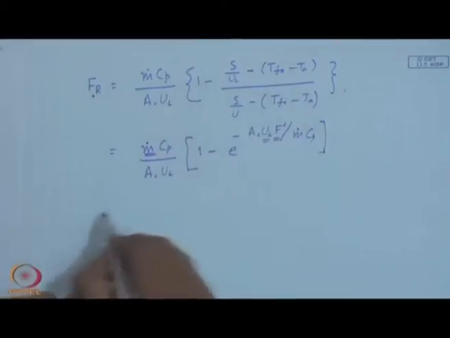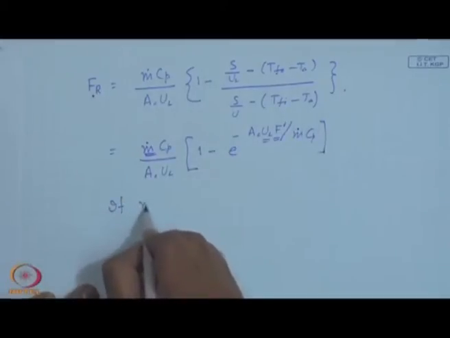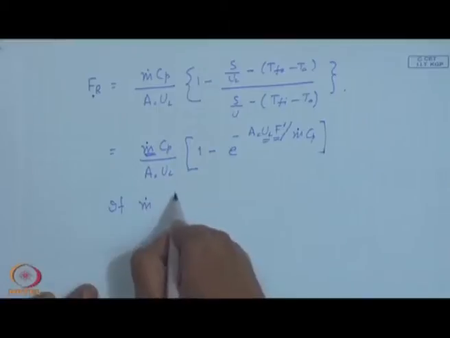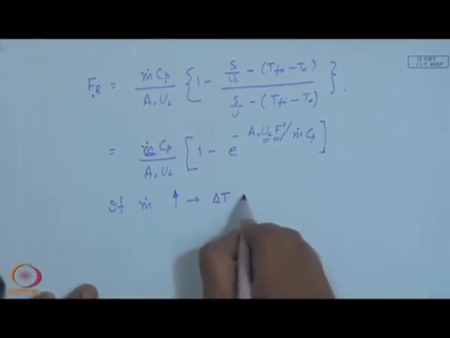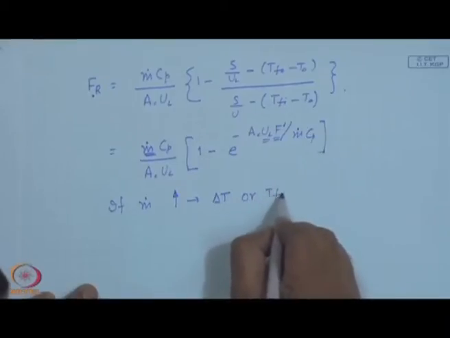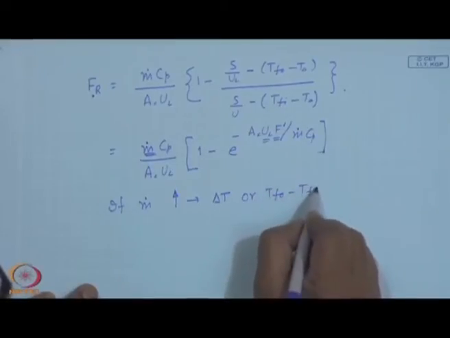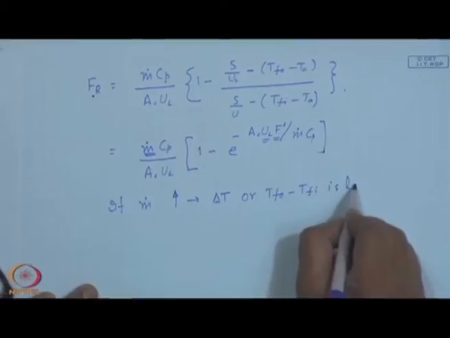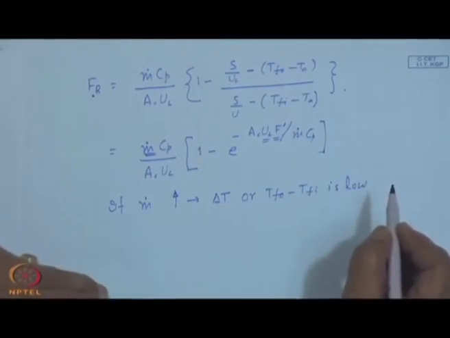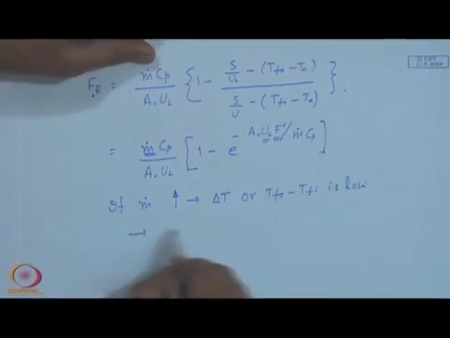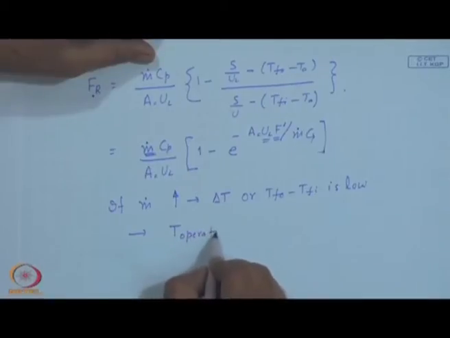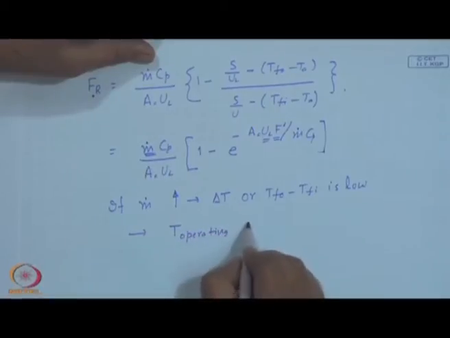That is, if m dot is high, my delta T, or T f o minus T f i, is low. If you send a large flow rate through the collector, you will have the temperature increase to be smaller. So, the operating temperature, if I try to call it that, is low.